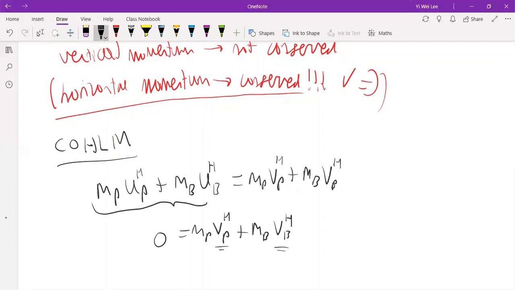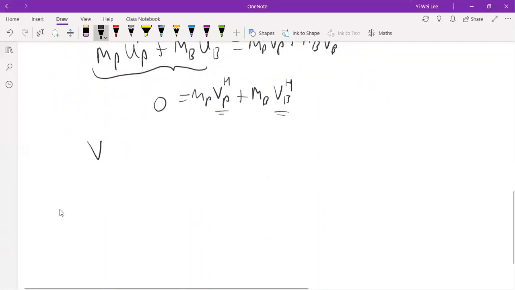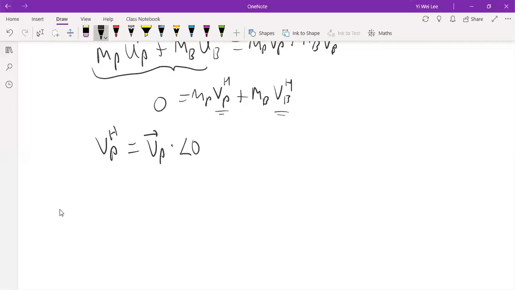So, first of all, let's take a look. What is Vp? Vp is the velocity of P. This is the most important misconception. Let's focus on how we find the velocity of P in the horizontal direction. The velocity of P in the horizontal direction is basically your velocity of P resolved in the x direction, which is Vp dot product with 0 degrees.